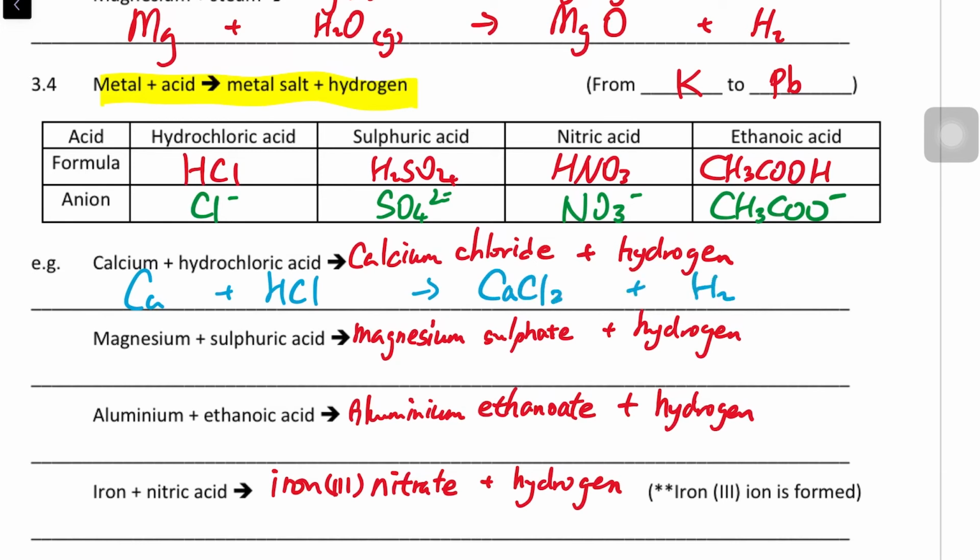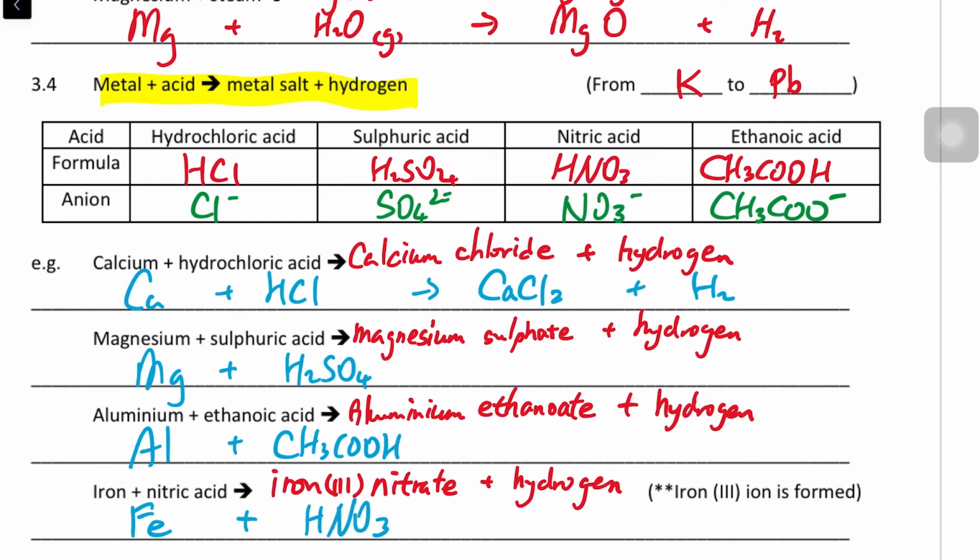So if you can write down the correct formula, you have done over 90% of the job. Okay, so magnesium is magnesium and sulfuric acid. This is aluminium and ethanoic acid, and finally is iron and nitric acid.